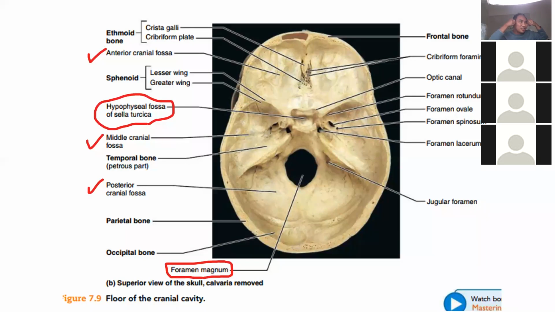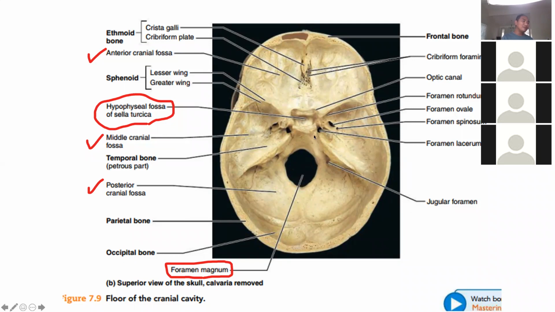The brain structures will come out as cranial nerves and go to different parts of the body to give supply. Foramen magnum is big, so the big spinal cord will come out. It is easy, guys, it is easy.